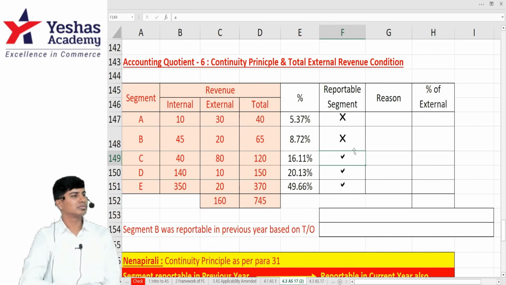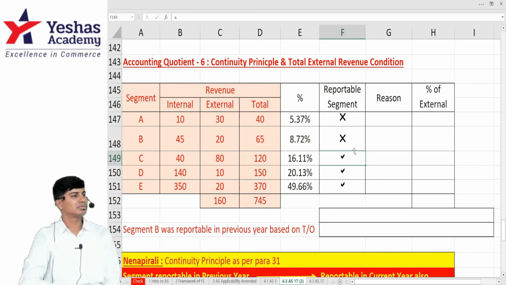Am I right? I told you one more point. Out of all the reportable segments, we will check the external revenue percentage. All the reportable segments together should contribute to a minimum of 75% of external revenue. If it does, good. If it doesn't, then we have to identify another segment as a reportable segment.